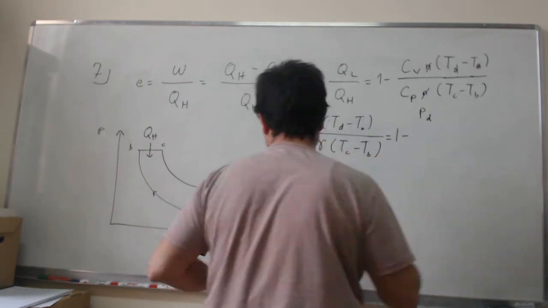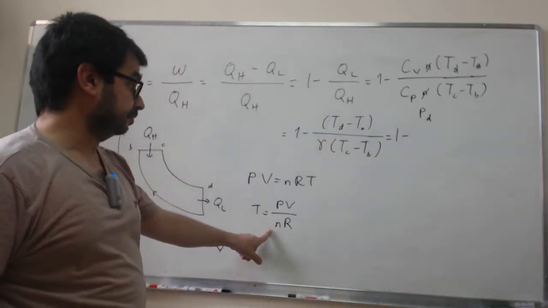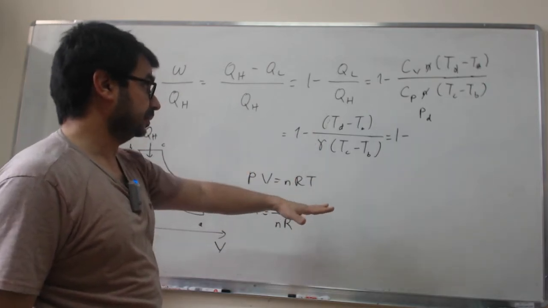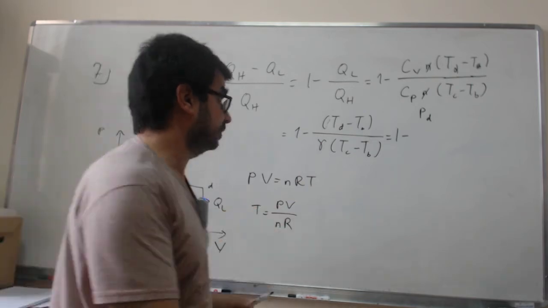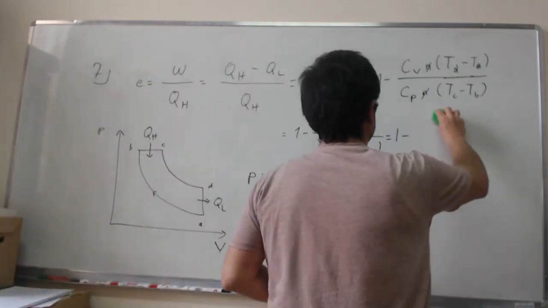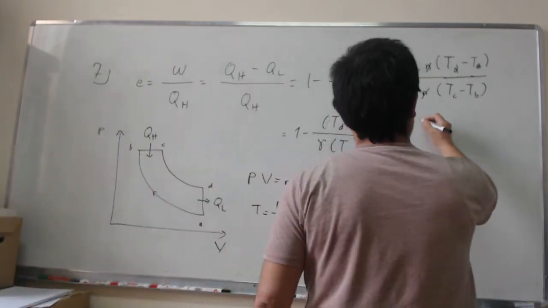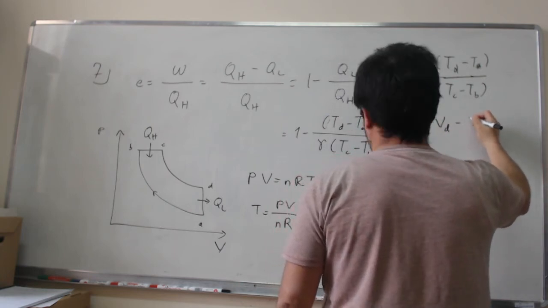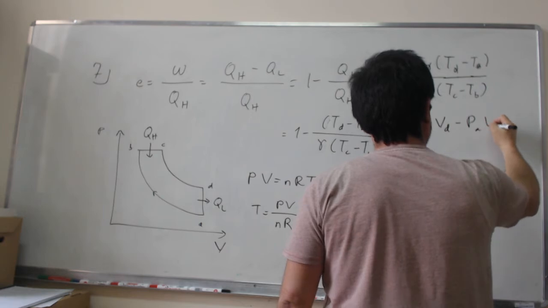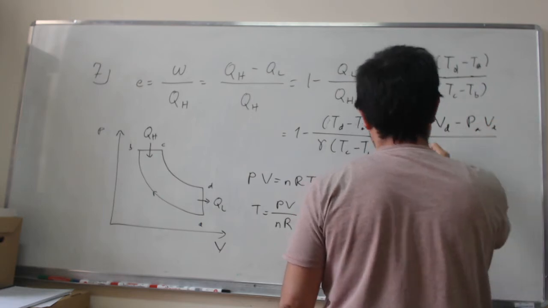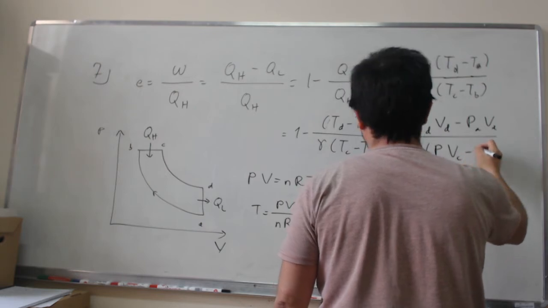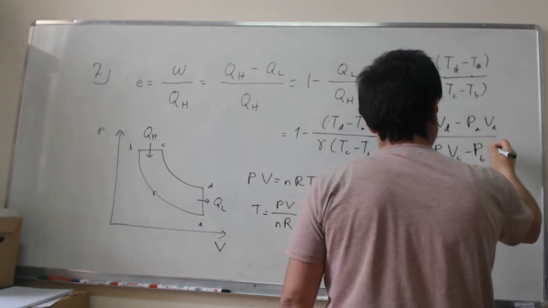The nR is going to be common to all of them, so I don't need to write nR all the time because it's just going to cancel at the end. I'm just going to write these PV terms. So this is going to be 1 minus PD times VD minus PA times VA, divided by gamma times PC VC minus PB VB.